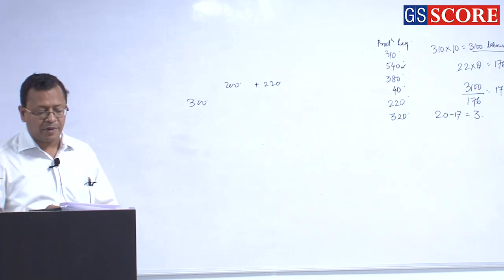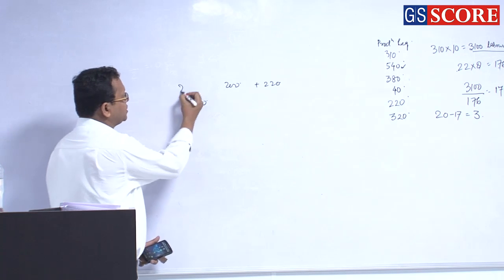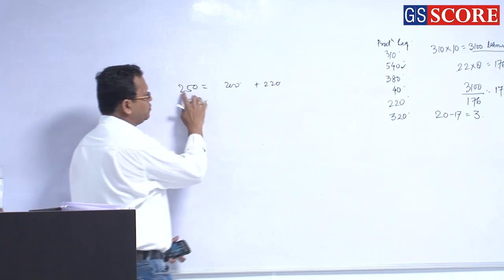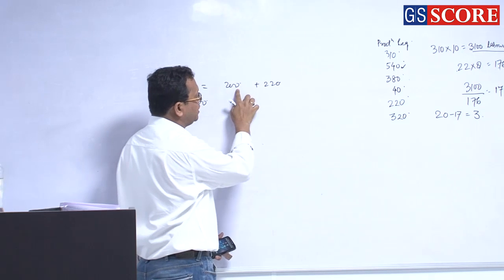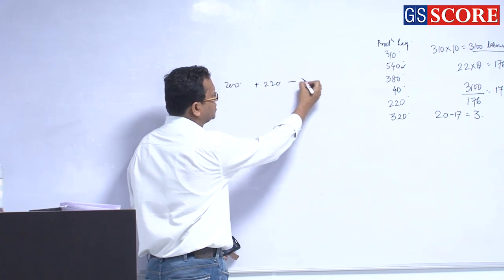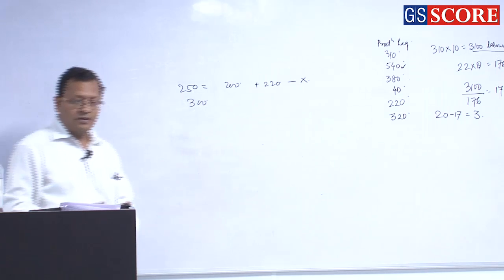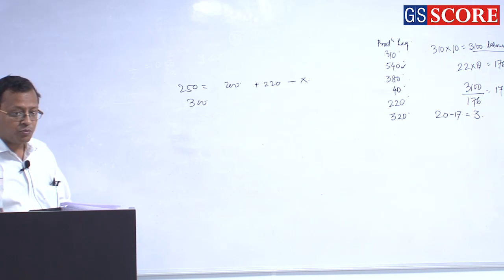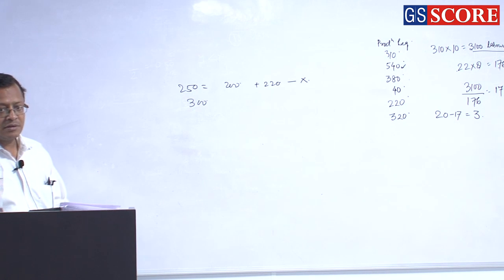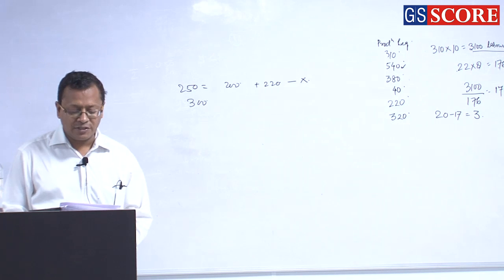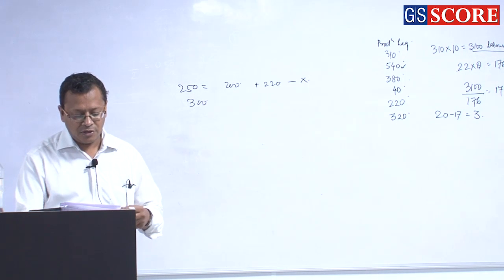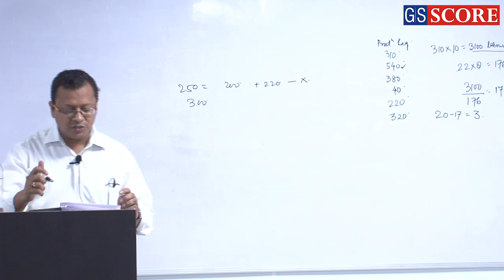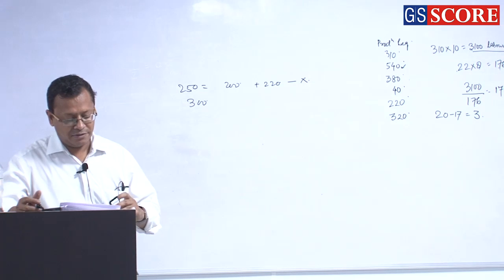So this value will be 250. So 250 is equal to 200 plus 220 minus those people that read both these papers. So you can get the value of x, no need to calculate here. So here the answer for this question will be option number B.